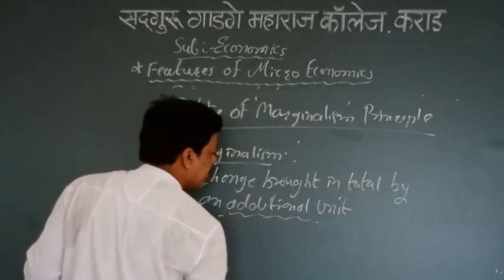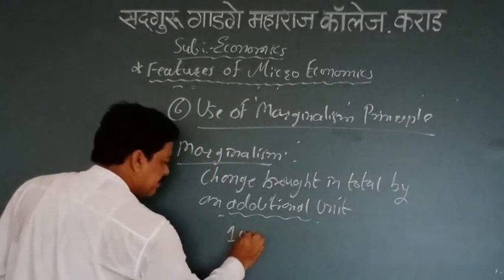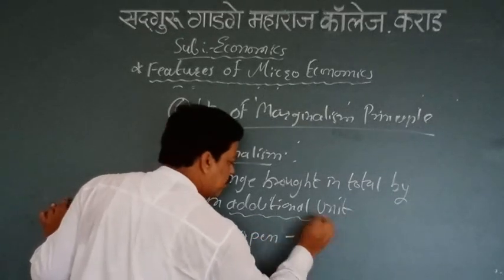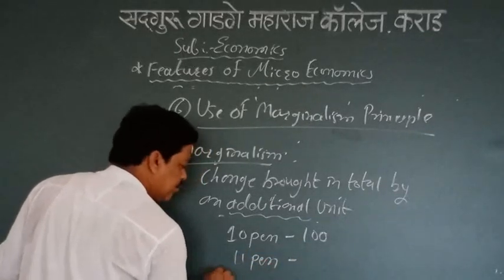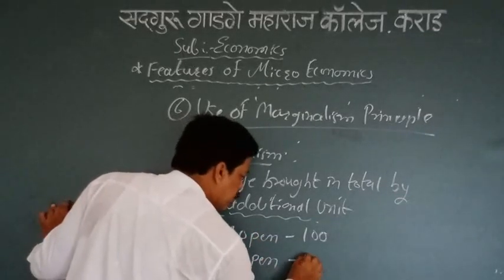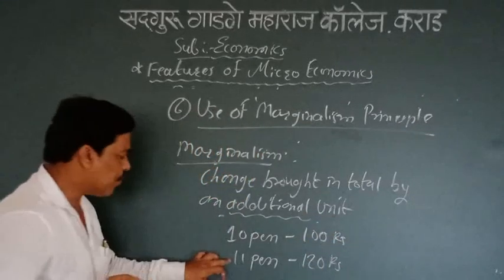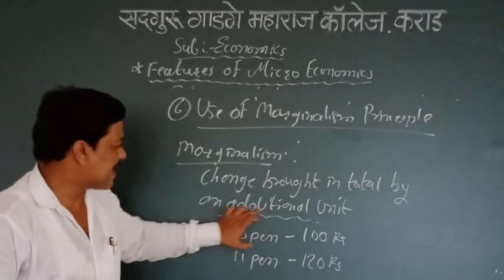Suppose 10 pennies cost 100 rupees. And suppose if you add 1 penny, that is 11 pennies, then the cost becomes, suppose, 120 rupees. So because of 1 penny, the cost increases by 20 rupees. This is called an additional unit.